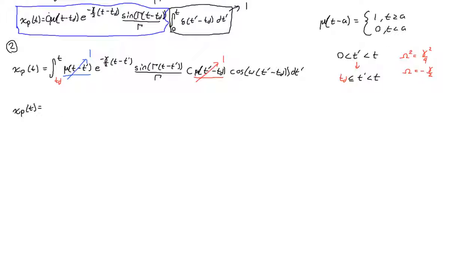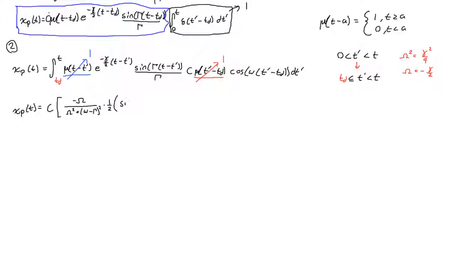With that definition, I get that the particular solution is going to be C, and then minus omega, and then we're going to have omega squared, and then plus omega minus gamma squared, and then that's going to be times 1/2.